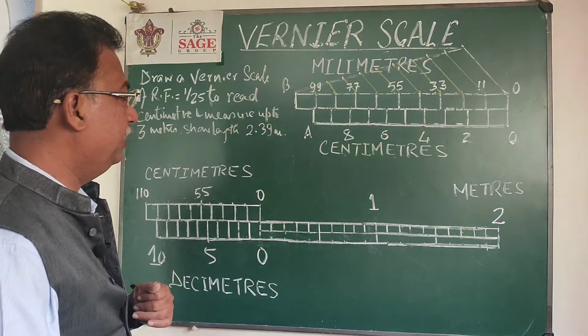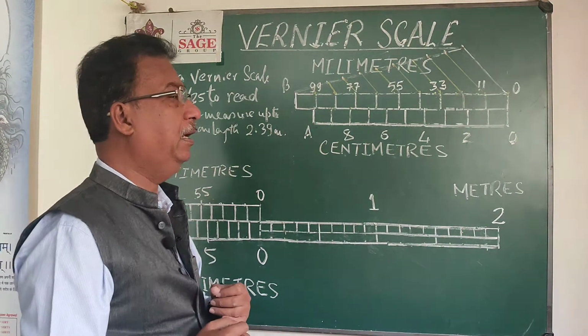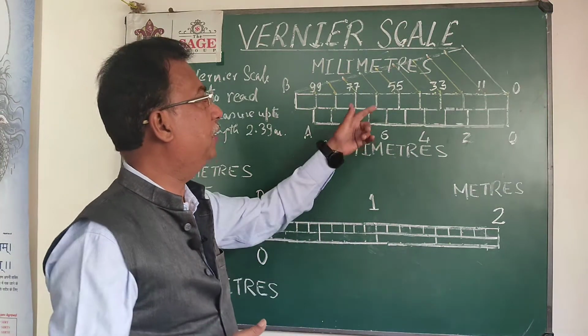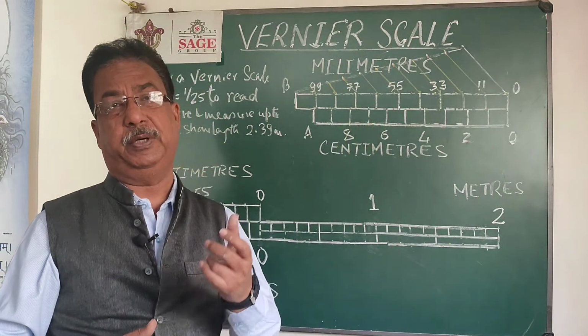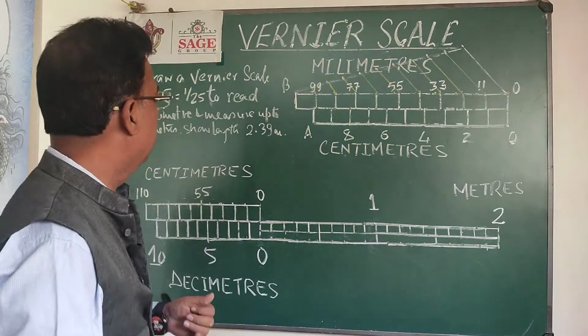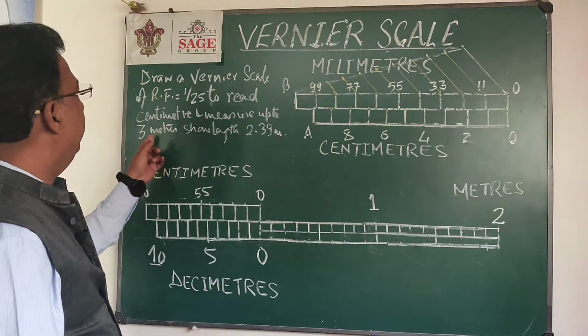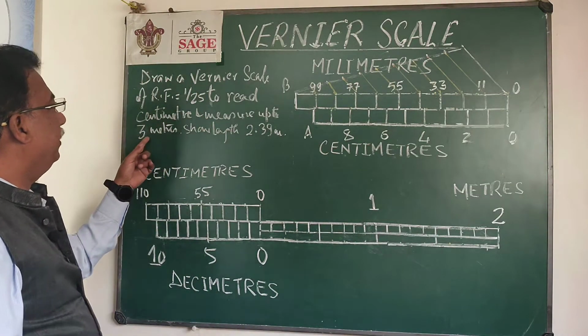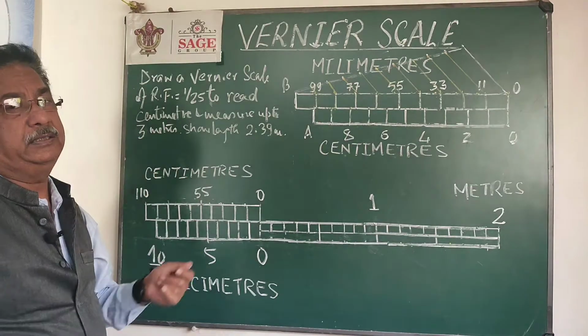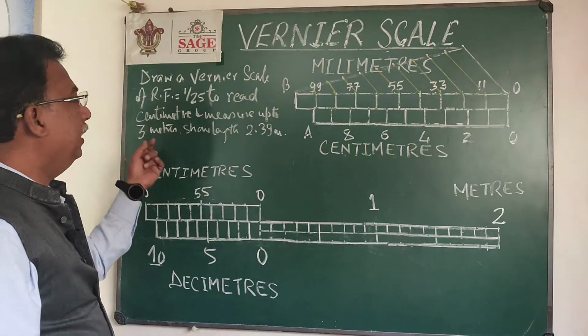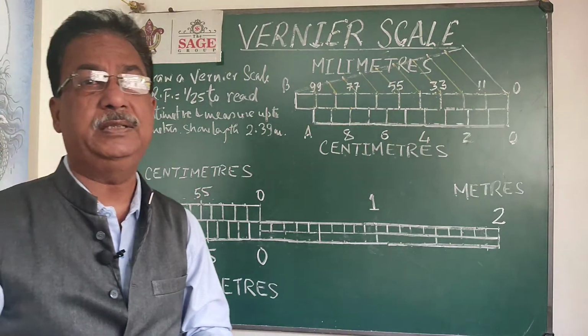That is the basic difference between the vernier scale and the plain scale. Again there will be an attachment of the vernier above the first part of the primary scale. In this case, RF is 1/25 multiplied by this 3 meter, which is the maximum length, so we get the length of scale as 12 centimeter.